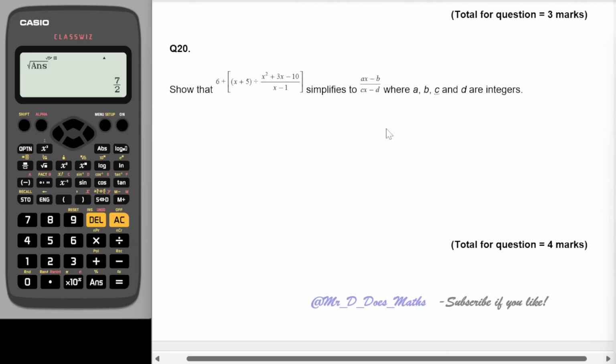Question 19, show that this complicated algebraic fraction or sum simplifies to, okay, so it looks complicated. I'm going to take this in stages though. The first thing I'm going to do is factorise the top line.